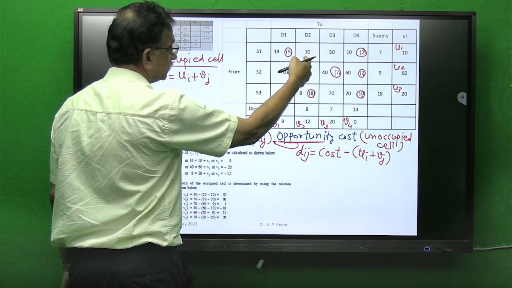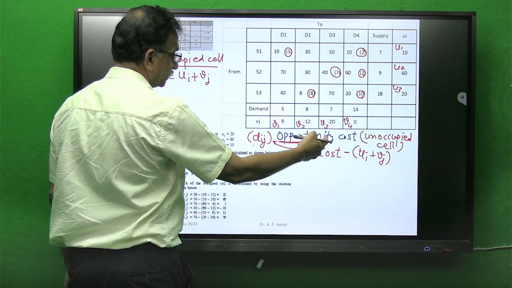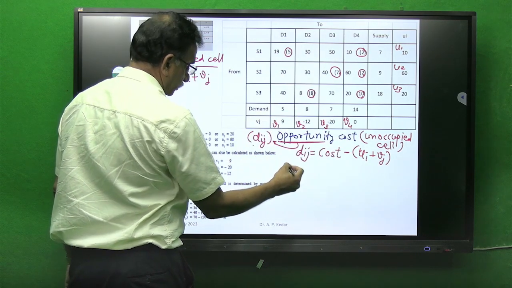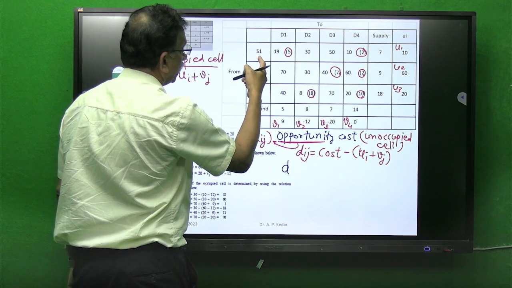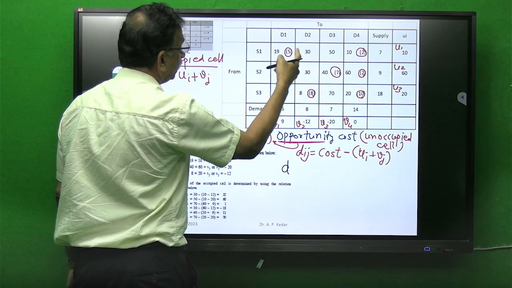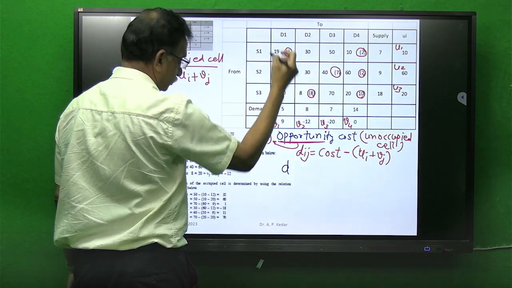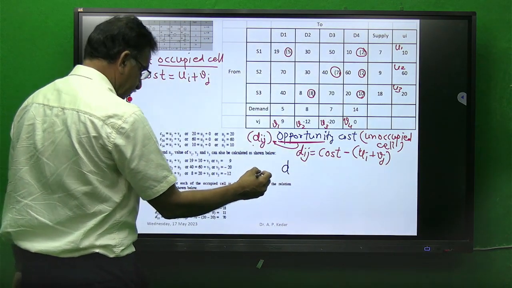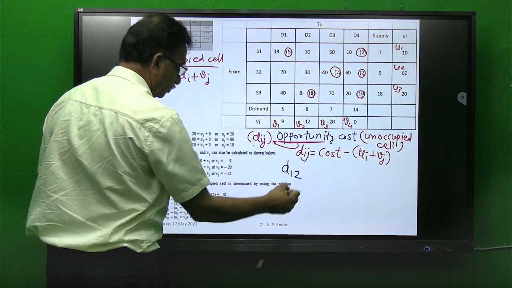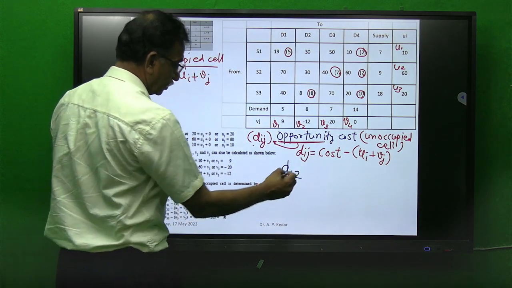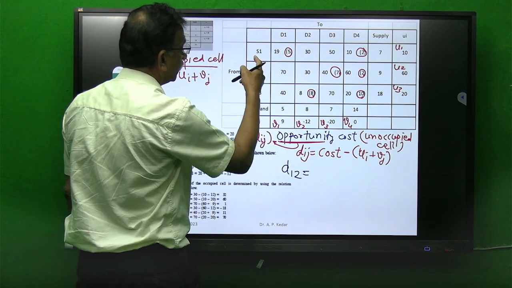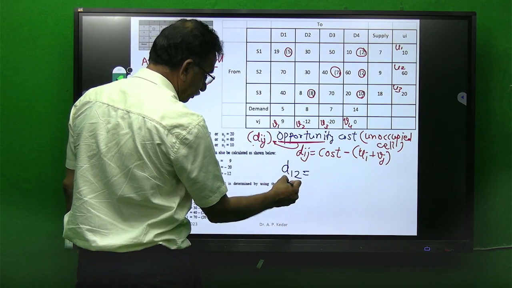Here this is the cell which is unoccupied, so I can write D1,2.